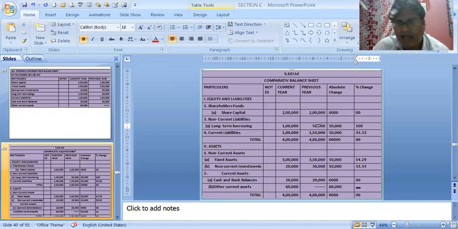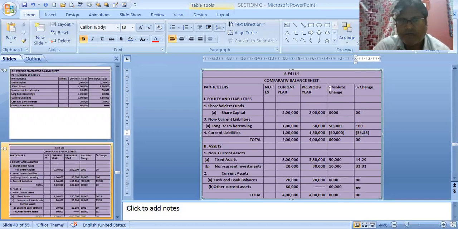That means C minus P, the absolute change, divided by the previous year, 50,000 by 50,000 into 100. Then over here 50,000 by 1,50,000. This C minus P is negative, so we have 33.33, which is also negative because the absolute change is negative. So this one also we have to show as negative only.